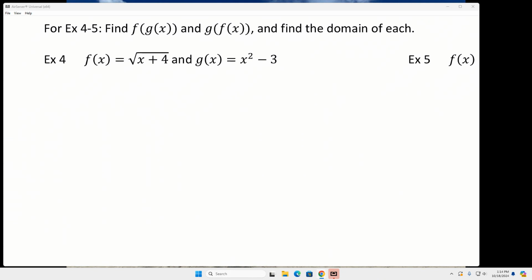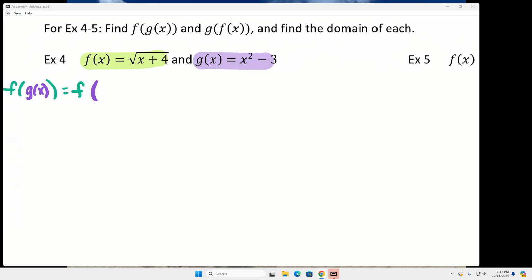So let's start with f of g of x. I'm going to color code this. Maybe that'll make it a little bit easier. Okay, so we're going to do f of, and then I'm going to go ahead and just write what g of x is in the parentheses.